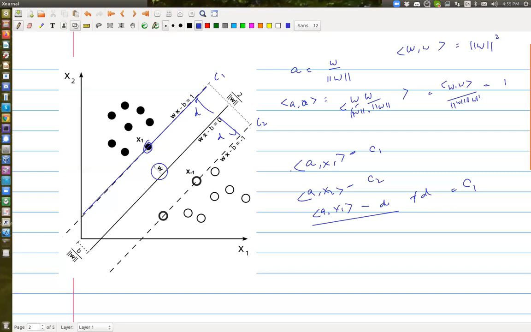I'm basically doing nothing here. This is just what we assumed: AX1 and AX2 are equal to C1 and C2, right?